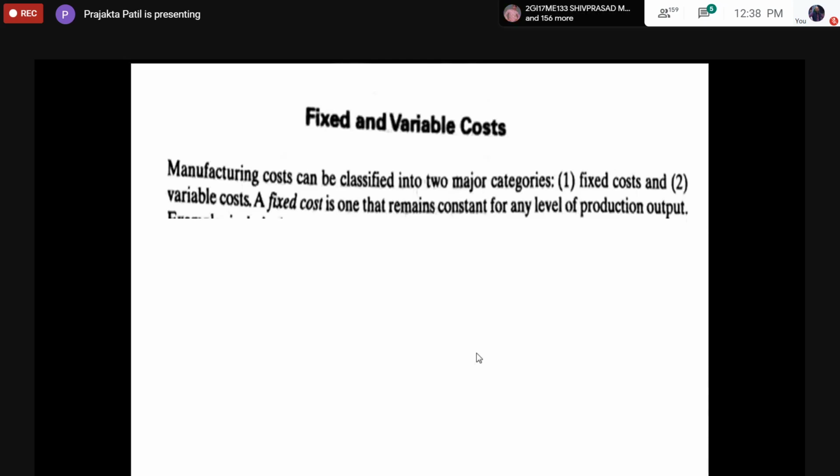Some examples for this fixed cost include the building cost, the equipment cost, insurances, and the taxes that we pay. All of these costs are fixed. If in that factory you're producing 100 units or 1 lakh, the cost of the building is not going to change.